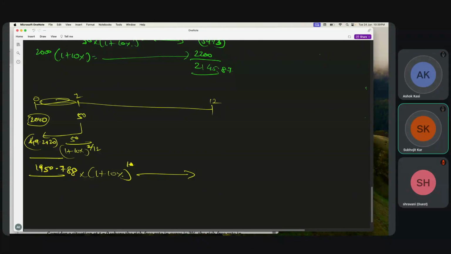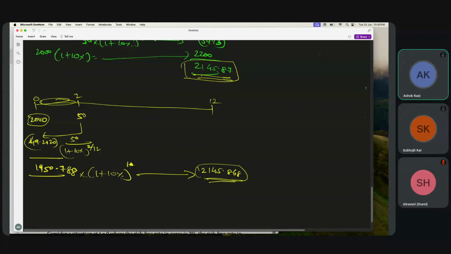It's 2145.8668. It is matching. So whichever you feel easy, you may do, whichever way your mind is able to imagine that.